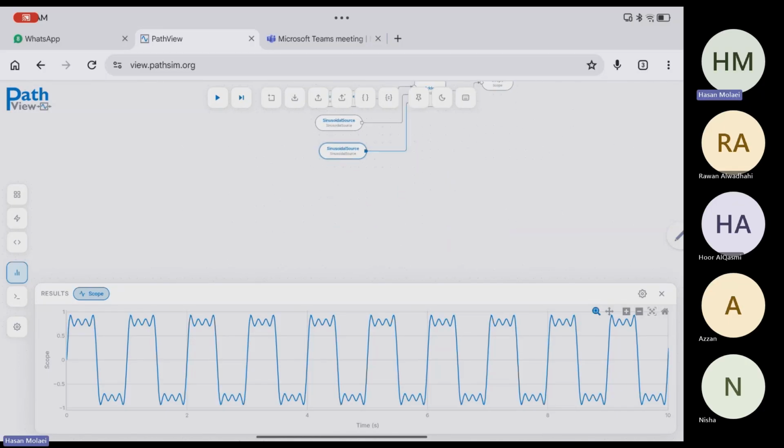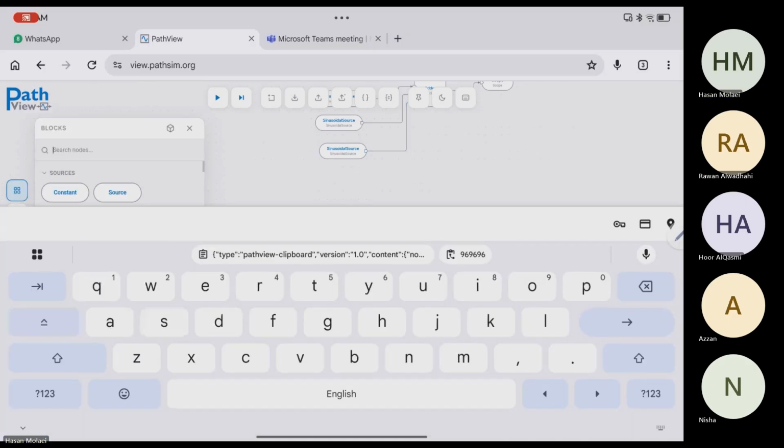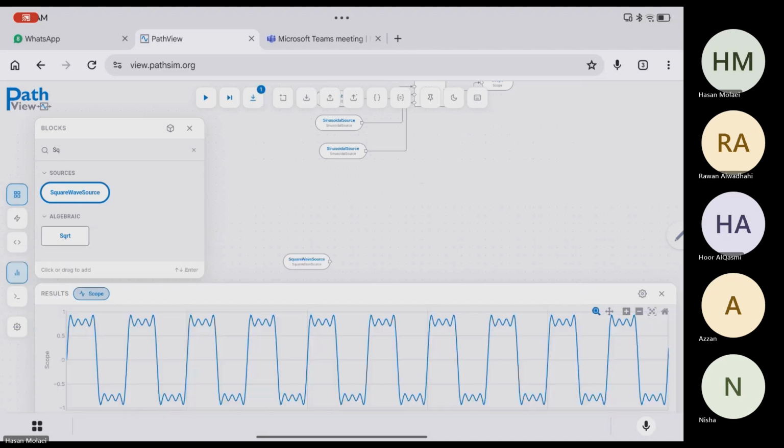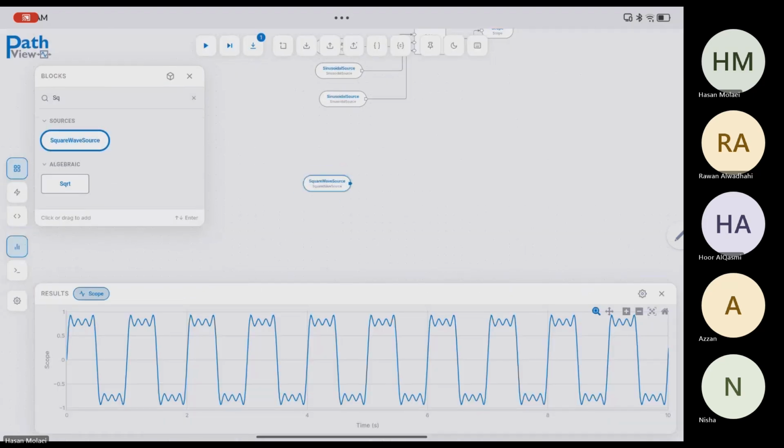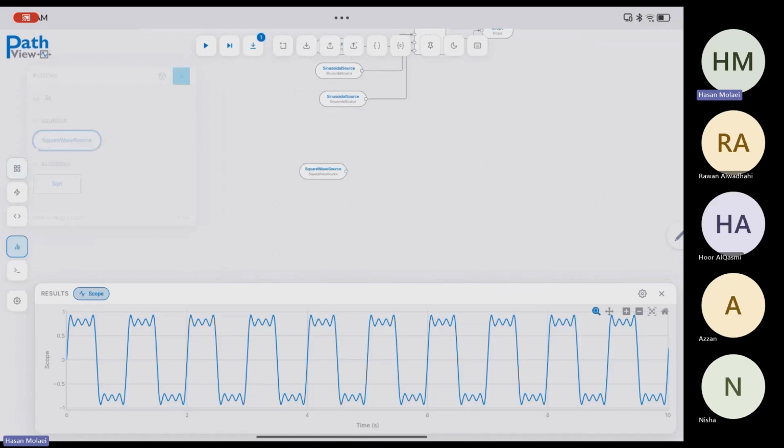Let me try something else. You cannot add infinite. How can you add infinite?